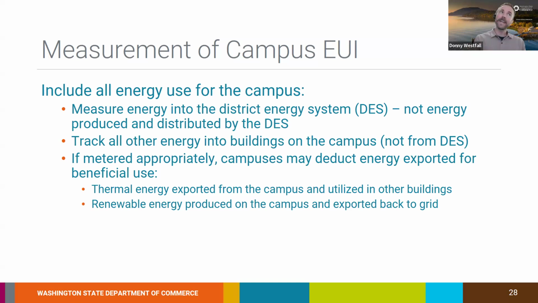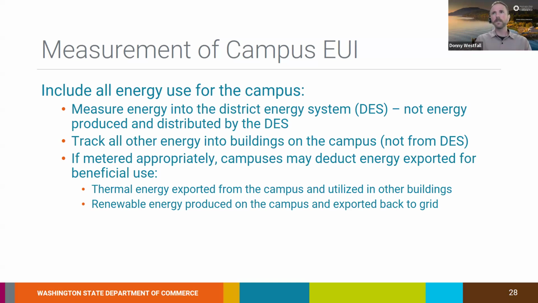But if they're complying at a campus level, such as college, university, K-12 schools, hospitals, and prisons, they may need to include energy use from buildings that are not tied to the district energy system, but are part of that campus level compliance application.